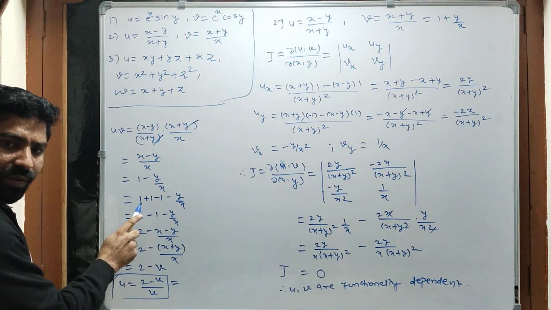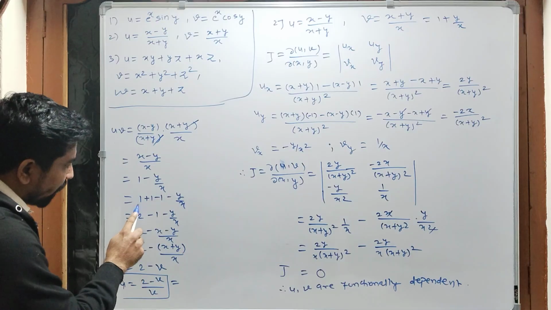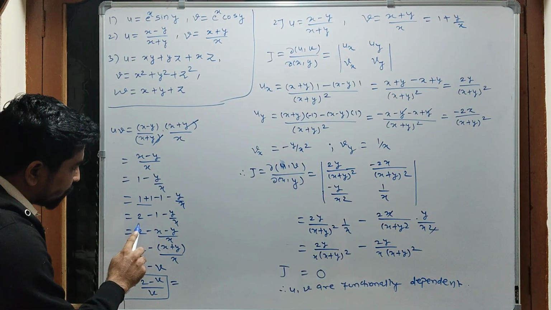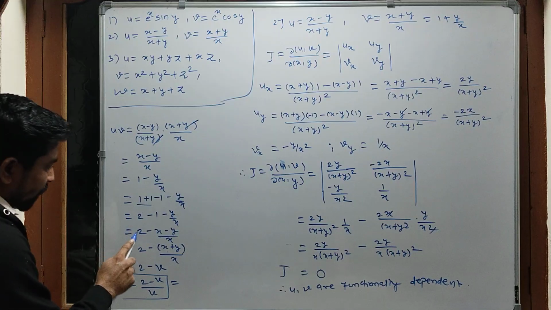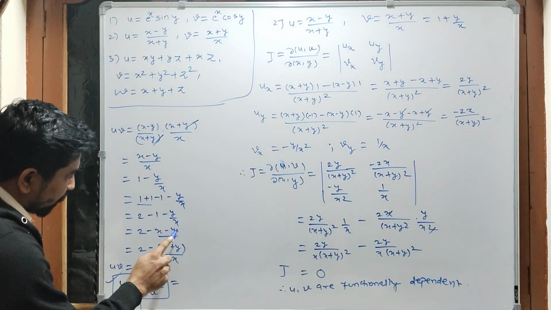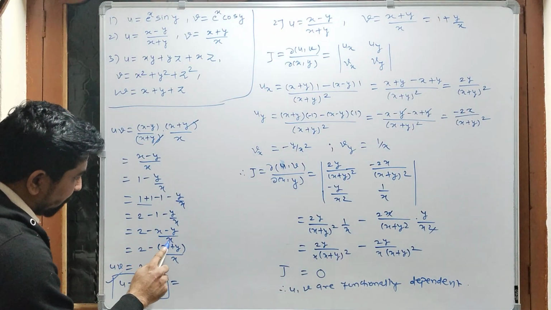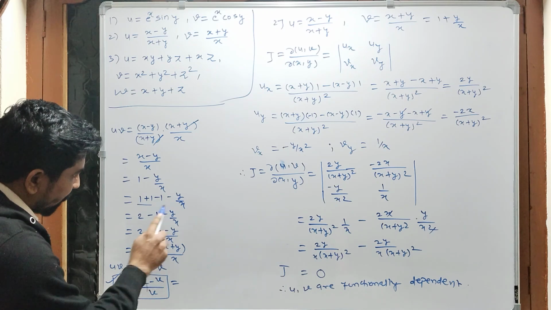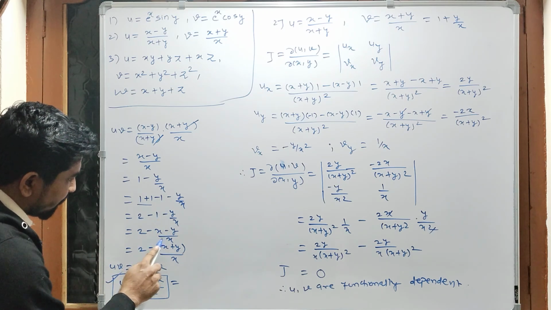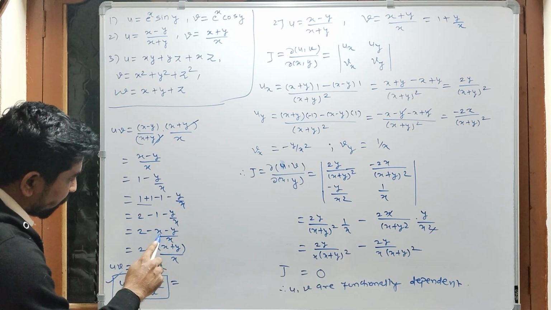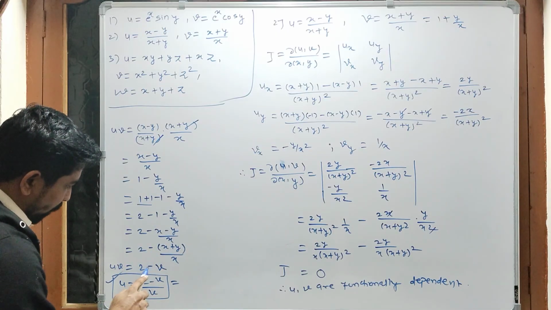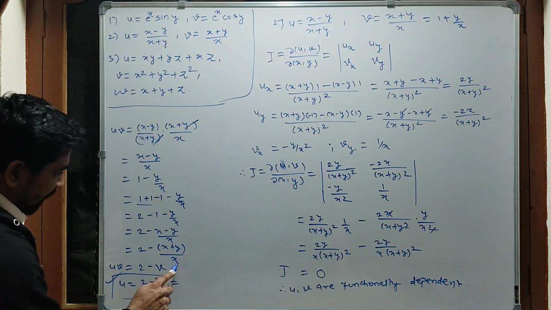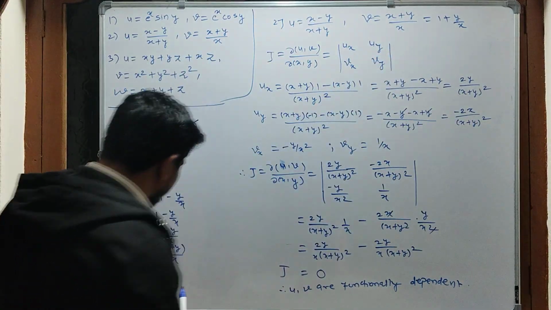So 1 plus 1 is 2, and this minus 1 is minus y by x, so this equals 2 minus x minus y by x. Here I am solving this step. After that, 2 minus, I take the minus sign common: minus x plus y by x, which equals 2 minus x plus y by x. And x plus y by x is the value of v.